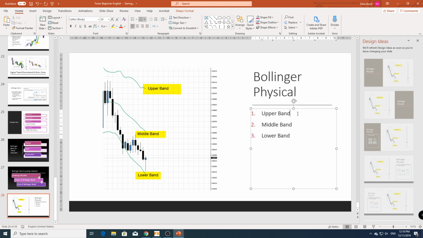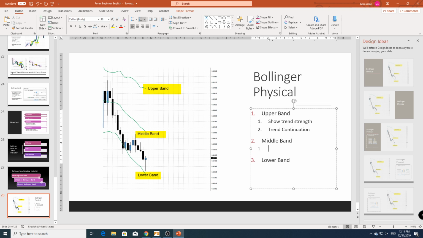The upper band shows trend strength, the trend continuation.